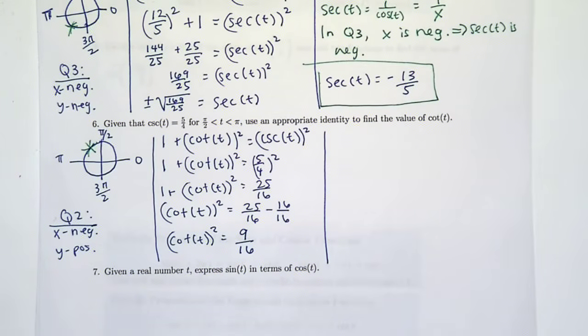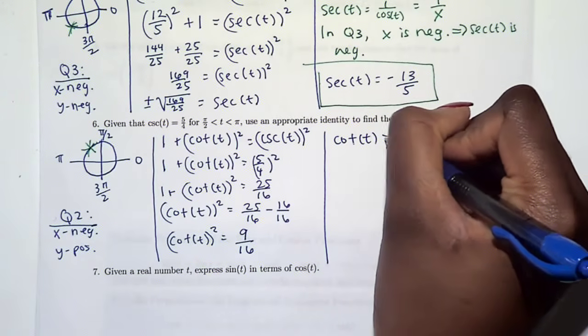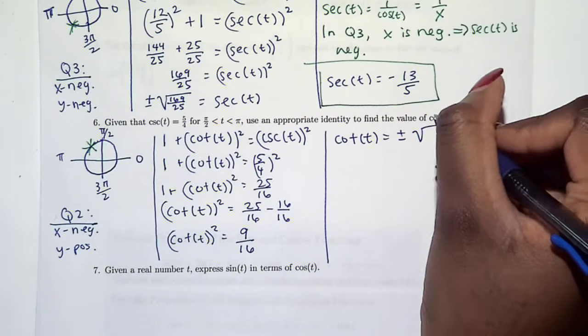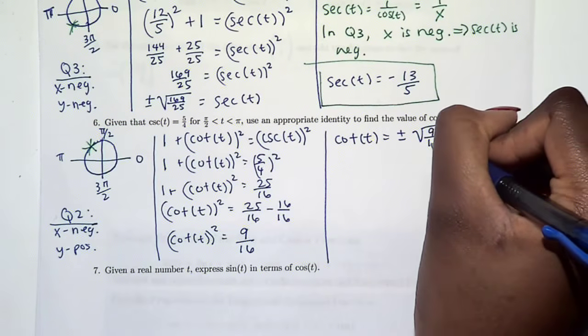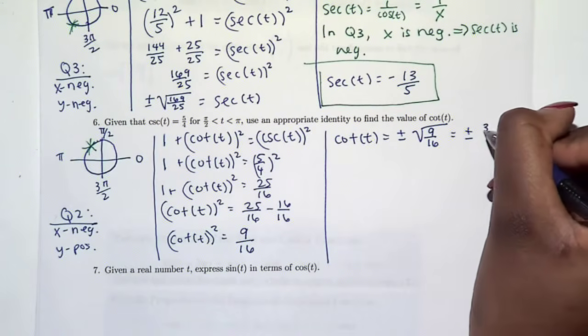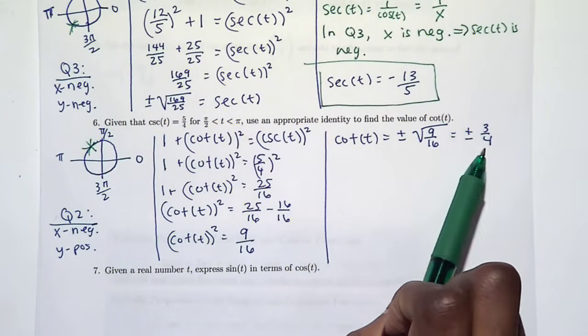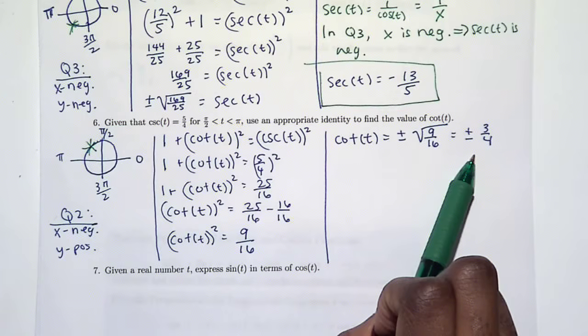All right, we're going to have to take the square root of both sides to solve, remembering that cotangent could be positive or negative. So cotangent of t is going to be plus or minus the square root of 9 over 16, which is plus or minus 3 over 4. Now let's remember the thing we have to determine: is it positive or negative?